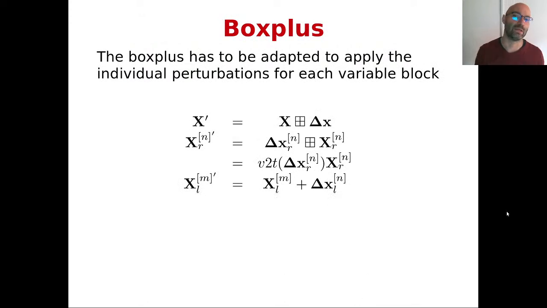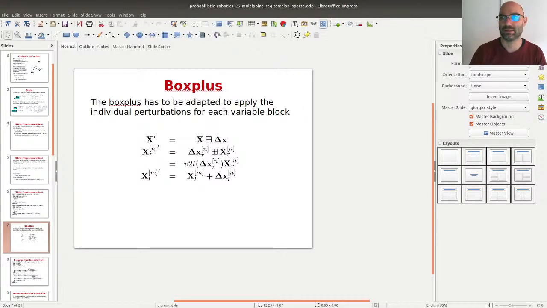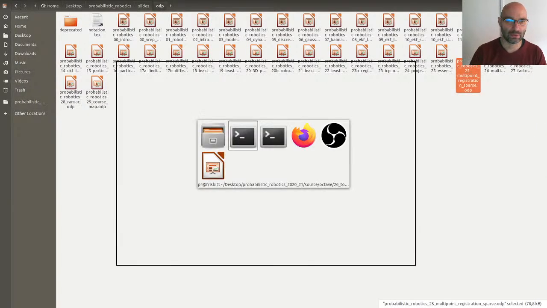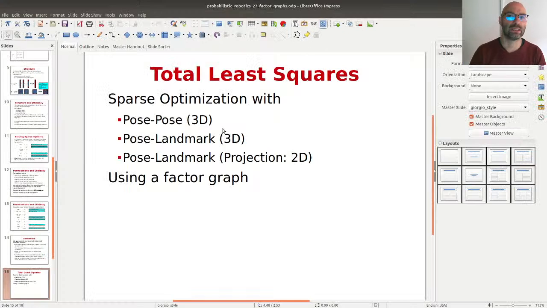And this is the definition of the box plus, where to each robot position the corresponding perturbation is applied through the V2T, and to each landmark position the corresponding perturbation is applied through the traditional plus. Okay, this is the definition of the state, and I will close with that.